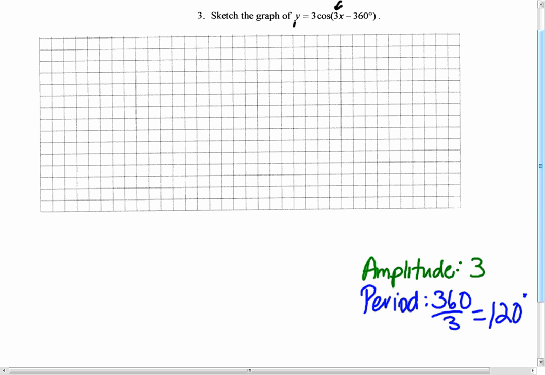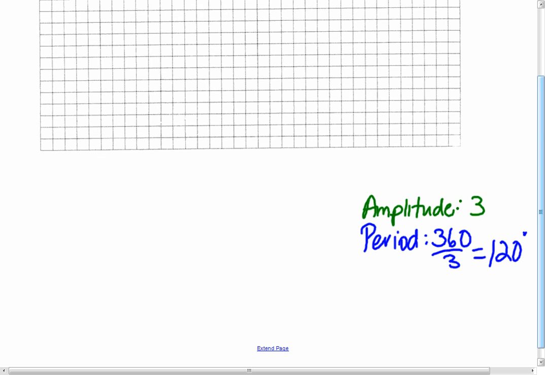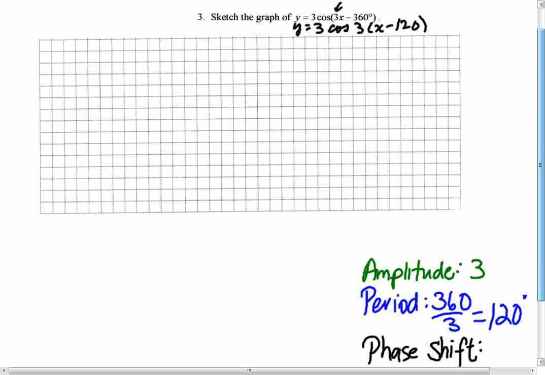We're going to factor that out. Y equals 3 cos 3(x minus 120). So we can see when we factor that out that we have a phase shift of 120 to the right.